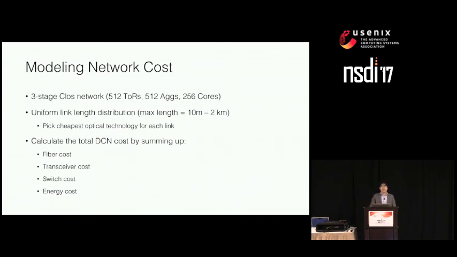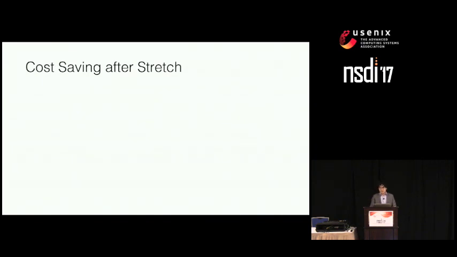Then we can calculate the total data center network cost by summing up the cost from fiber, transceiver, switch, and energy. When we change the reach limit of a technology, we simply change the optical technology for each link. Let me give you some results of what the cost saving looks like after the stretch.